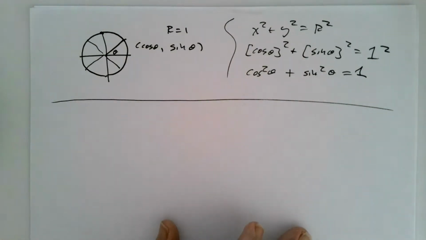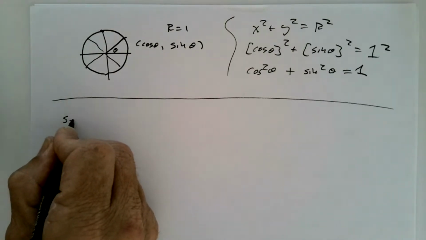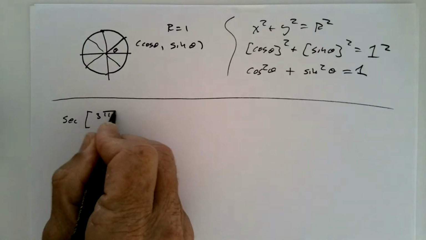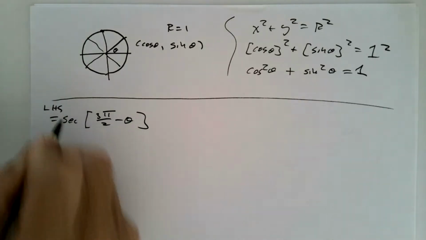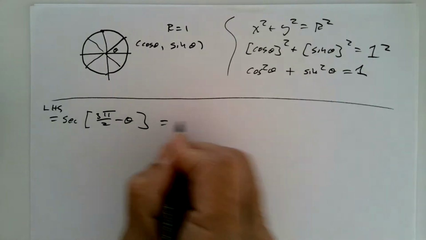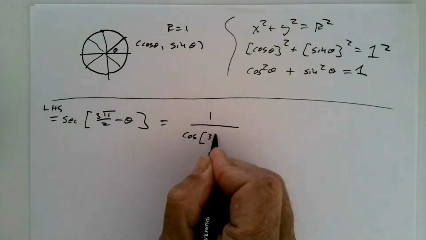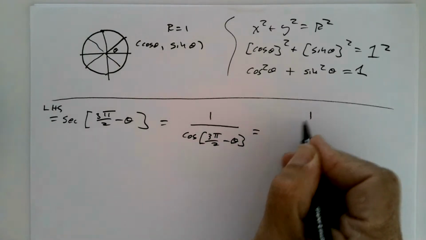For our next example, we want to do a proof. So we are starting with secant of 3 pi over 2 minus theta. That's my left-hand side, which of course is 1 over the cosine of 3 pi over 2 minus theta.